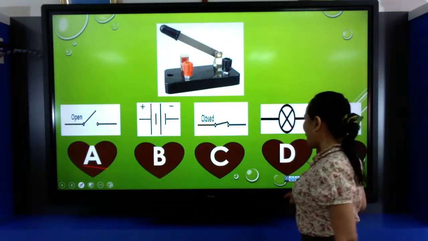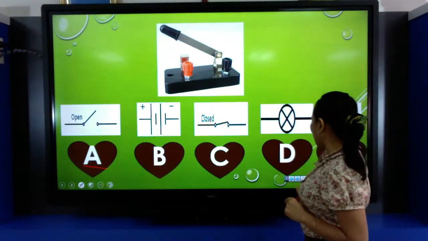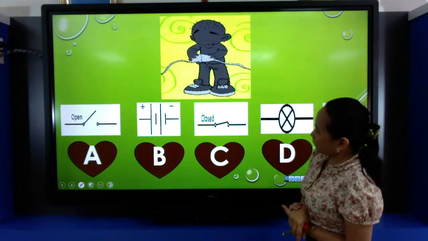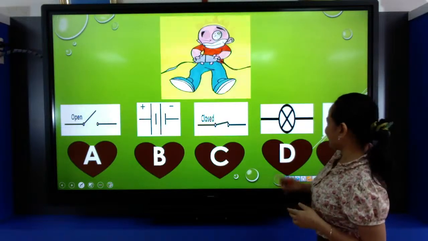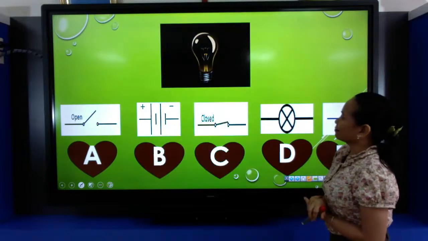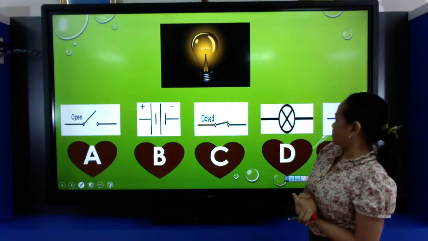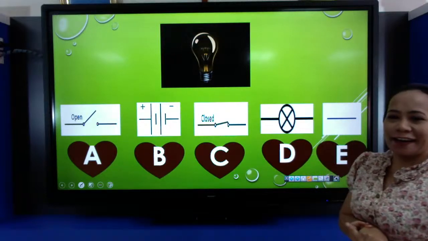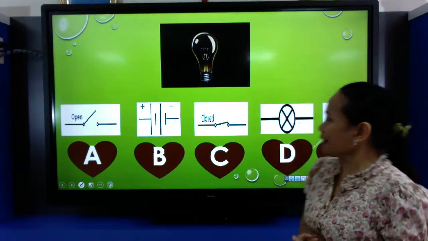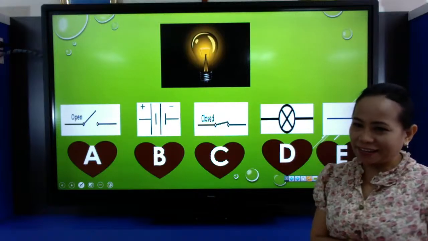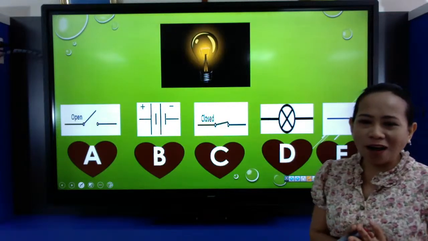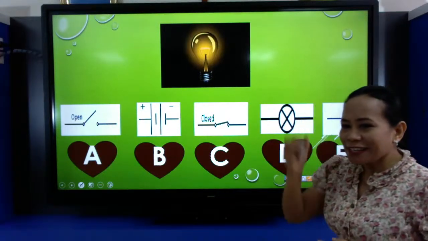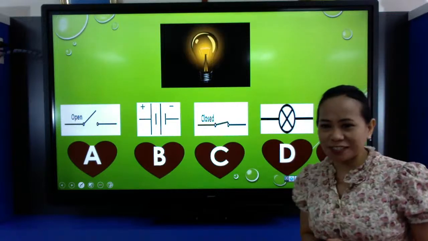Next is number 2. What is the next component? The bulb. Which one here? A, B, C, or D? Symbol of bulb. Letter, please write in English.